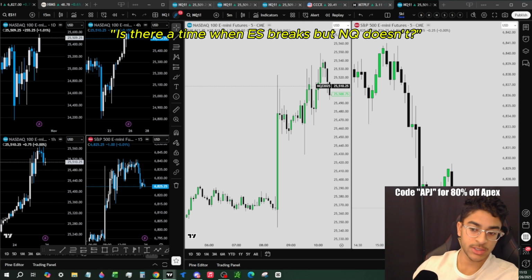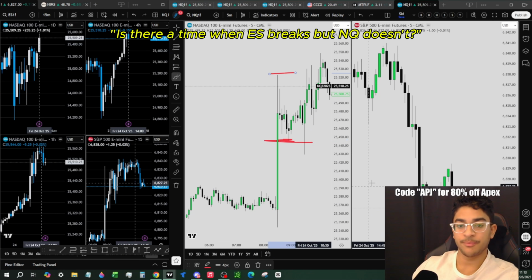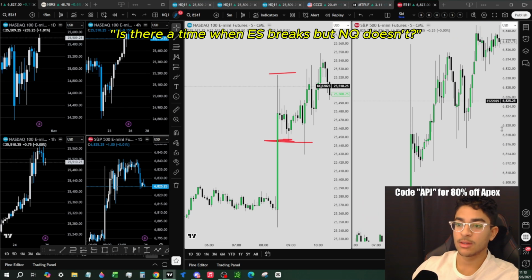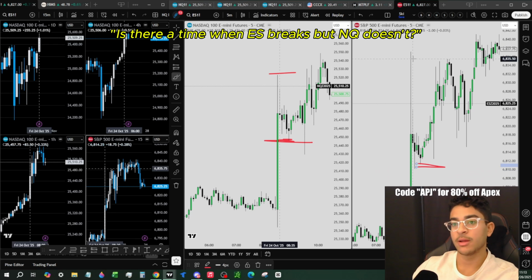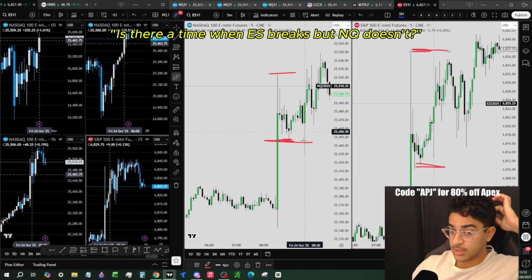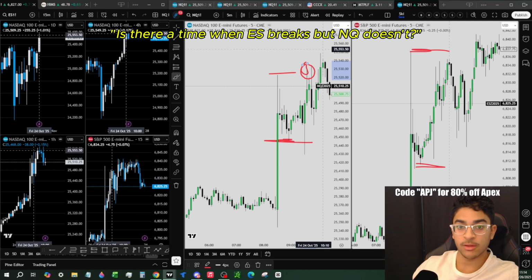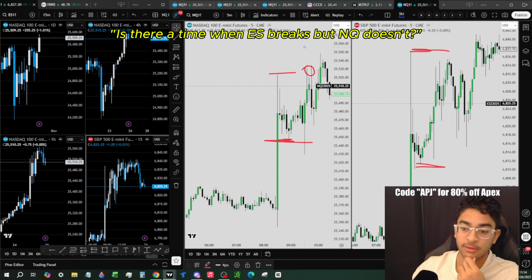So this is that fresh 15-minute gap I'm talking about on NQ, and this was our high of day. Okay, so keep that in mind. We scroll back on ES. This was ES's fresh 15-minute gap here, and this was high of day. You see at 9:35, NQ made a new high, right?